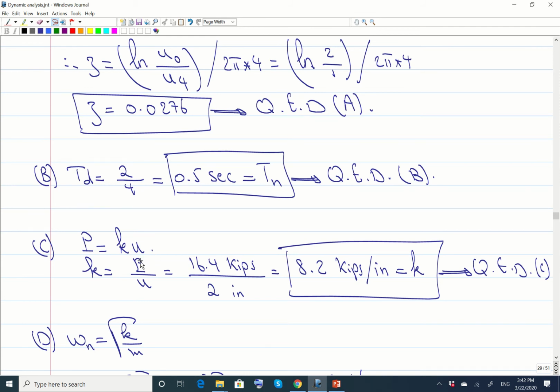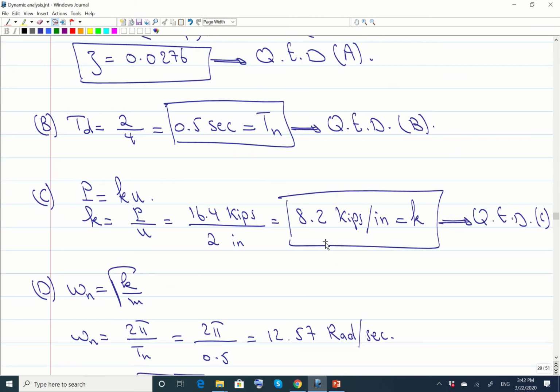So P equals Ku before the start of the oscillation, and K is P divided by u. The force you applied on the cable was 16.4 kips divided by the displacement of 2 inches, so K is 8.2 kips per inch. You need 8.2 kips to move this elevated water tank by 1 inch.